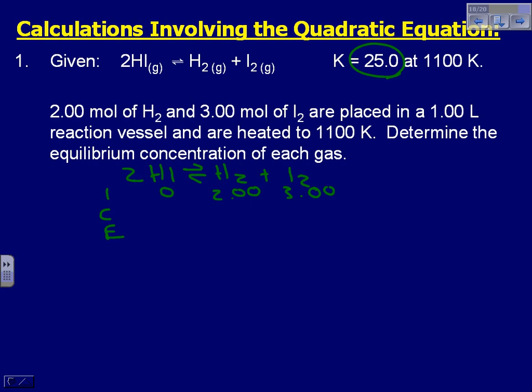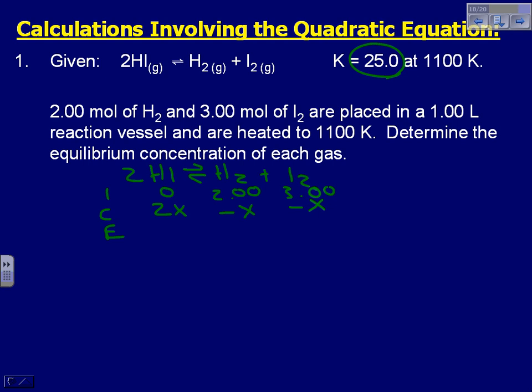Now, in this case, you can't really screw up which way you put the directions. But because it's all reactant, I think it makes good sense to put minus x, and plus 2x, because it's obviously going to have to shift left. There is no product molecule, so it's going to have to go that way.